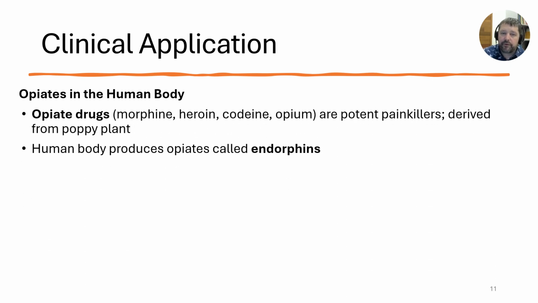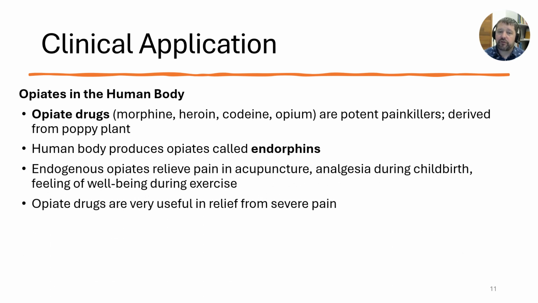Opiates or opioid drugs like morphine, heroin, codeine, opium are potential painkillers because they act like endorphins. So they inhibit the production of pain, or at least the signal for some types of pain.